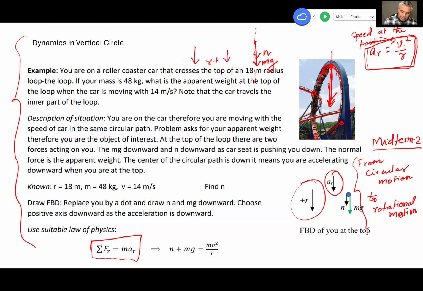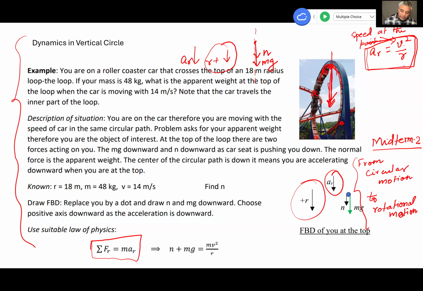So acceleration is pointing that way means I'm choosing positive that way. So when I write that equation, the acceleration is always going to be positive in the equation that way. So even if we forget to write the correct sign, maybe our equation is still going to be the correct equation, right? And so that's why I am choosing that.